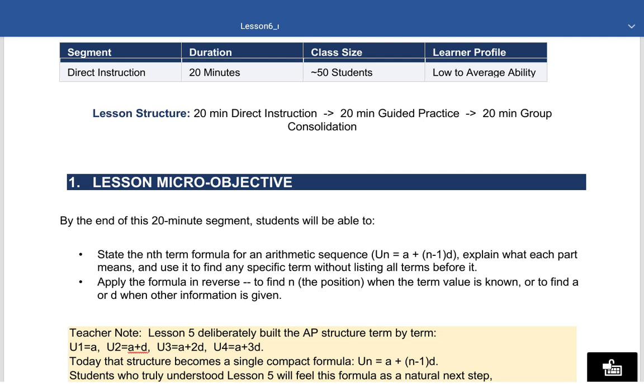The first term was 20, the common difference was 20, and now we are asked to look for the height of the steps at the 50th position. So we put it in our equation nicely: U50 equals a plus (50 minus 1) times d. Now calculate the value and simplify.